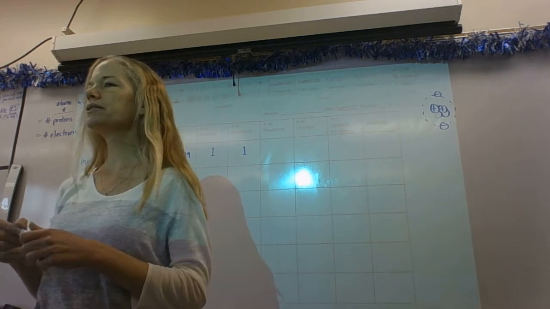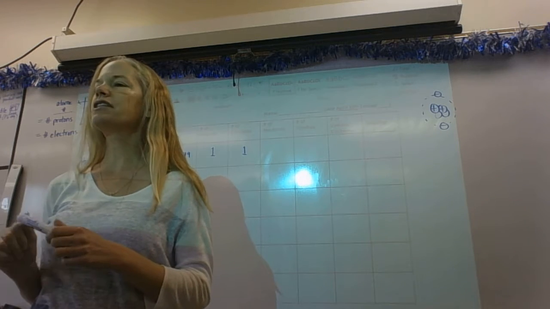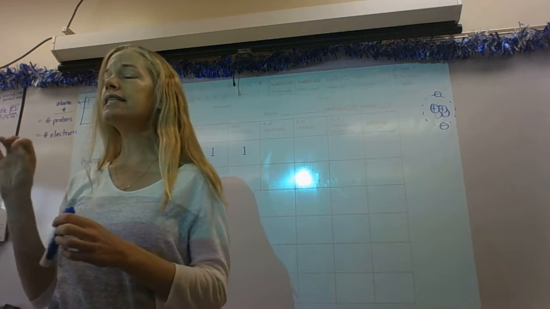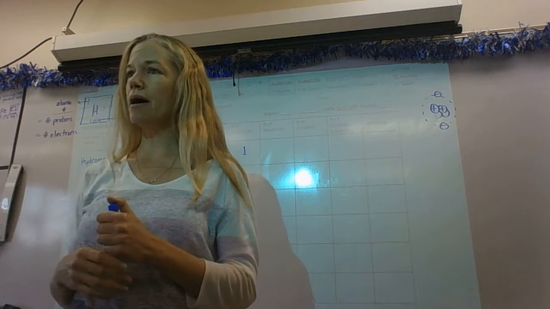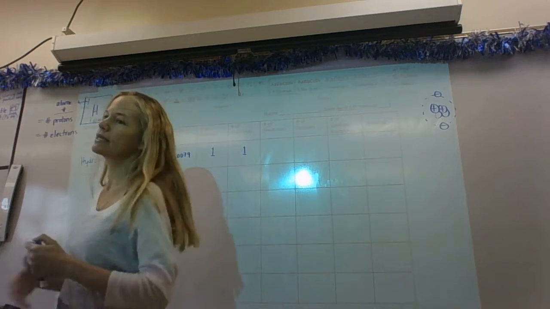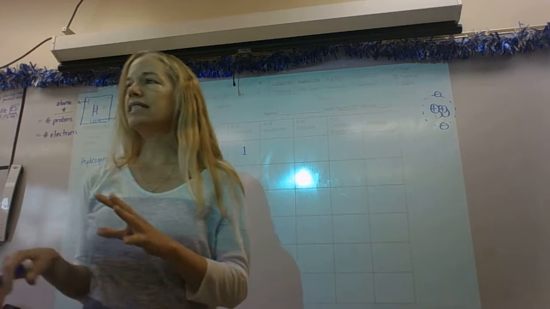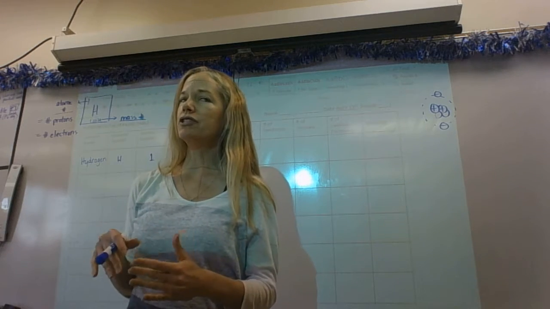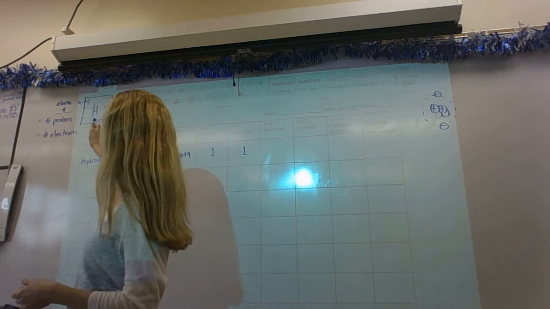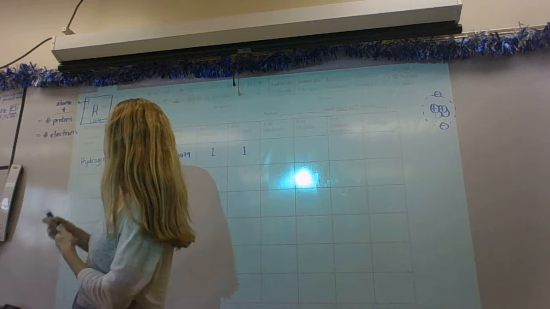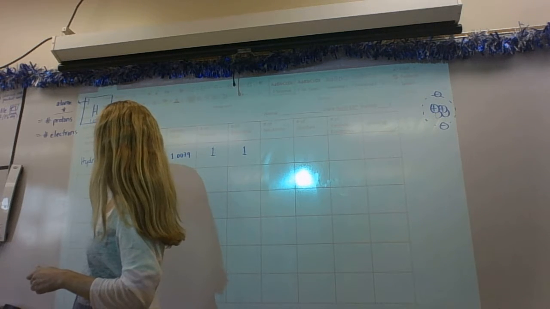Is it 1.079? Oh, mine's different than yours. Don't worry about it. It's the same mass, but yours is rounded to 1 decimal place. And that's not really going to be significant because eventually we're going to have to either round this number down or round this number up. In this case, we'll round it down to 1.